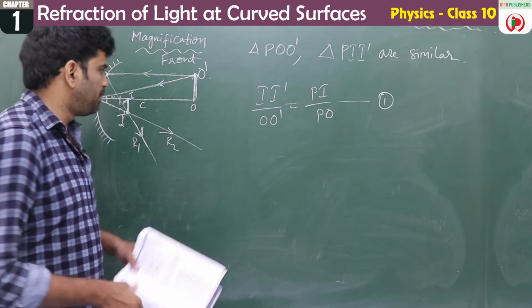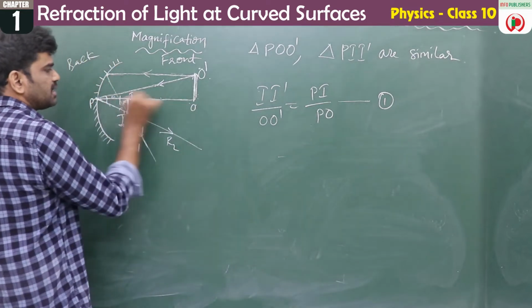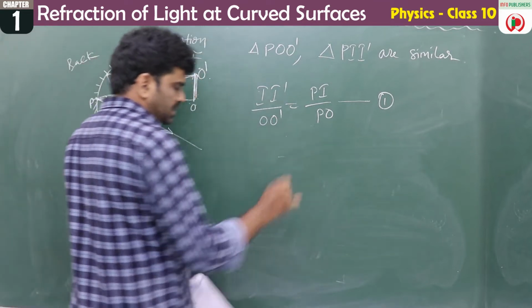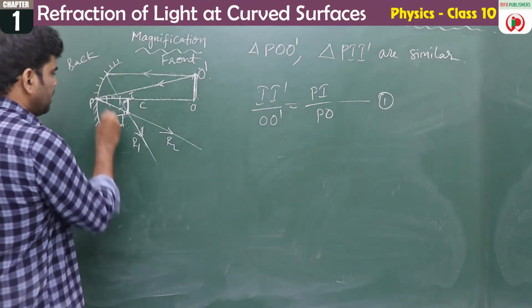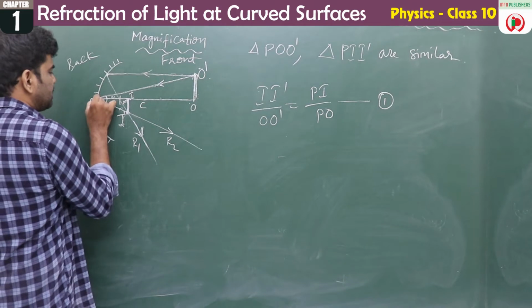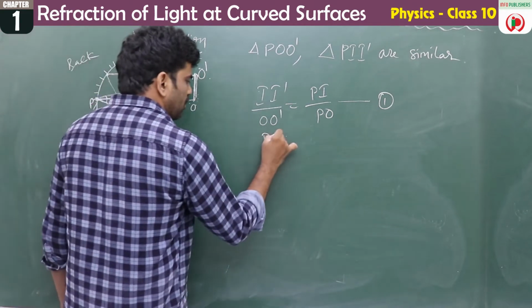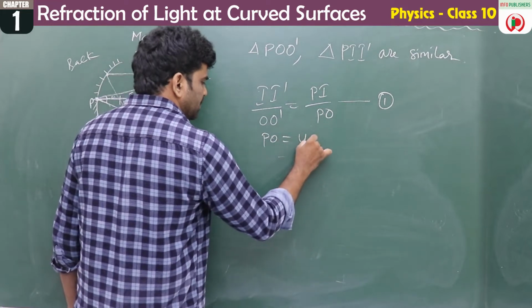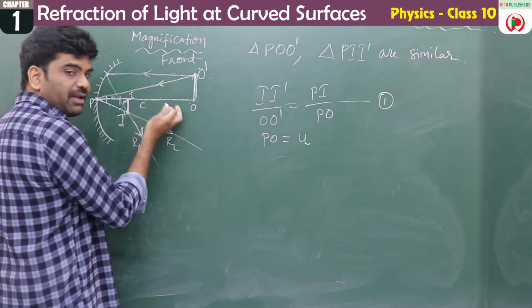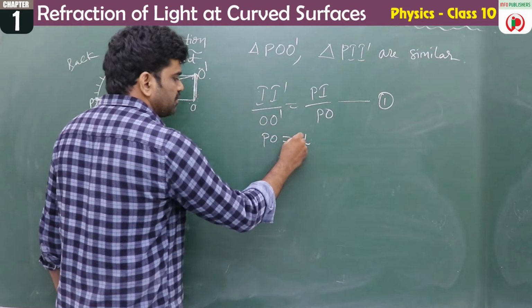According to the sign convention, PO is the object distance, measured from the pole. It is in front, so it is taken as negative, that is minus U.